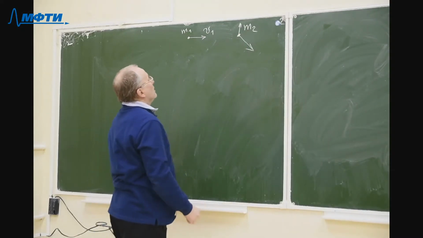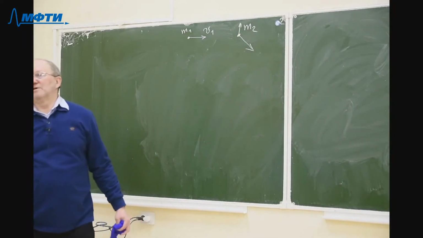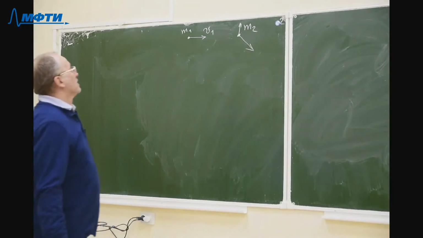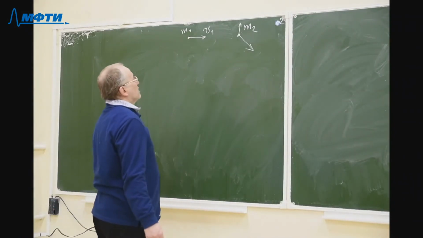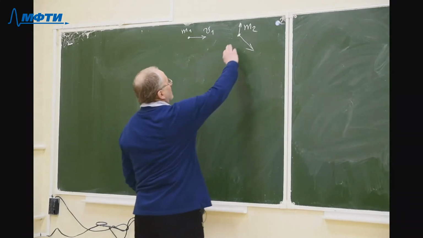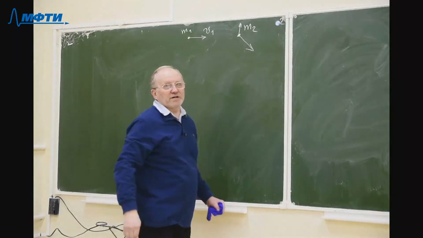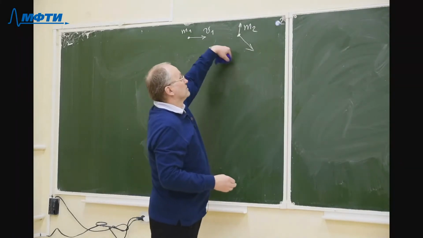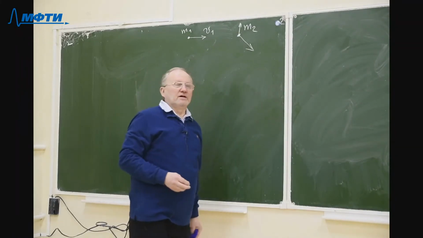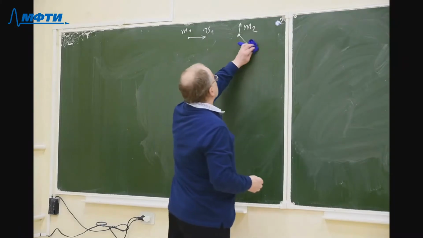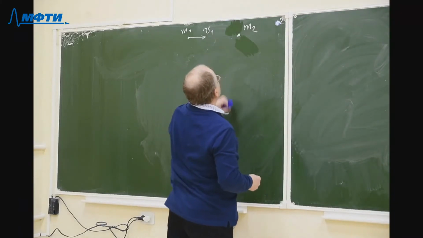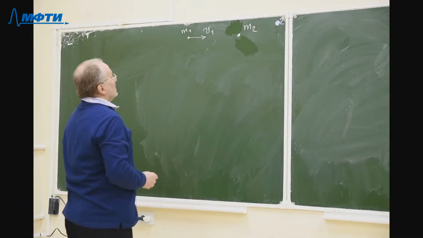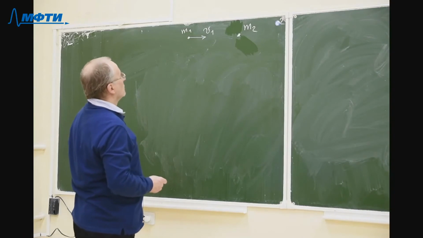So what will happen after collision? That's our purpose. That's the purpose of our consideration. We understand that the velocities after collision may be directed anywhere. We don't specify the direction of velocities after collision. We understand that these vectors may be arbitrary. So what happens in collision?